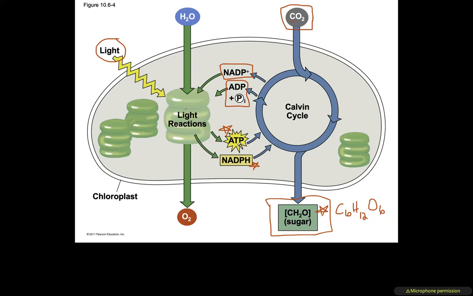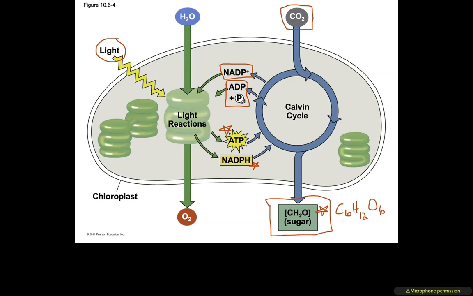Now, when the ATP gives off all its energy to drive the Calvin cycle, it's going to leave as an unconnected, low energy molecule, an ADP plus a P. When your NADPH drops off electrons and leaves some hydrogens here also to help build the sugar, it's going to leave as NADP plus, and go back to the light reaction, get some highly energized electrons and then repeat the process.